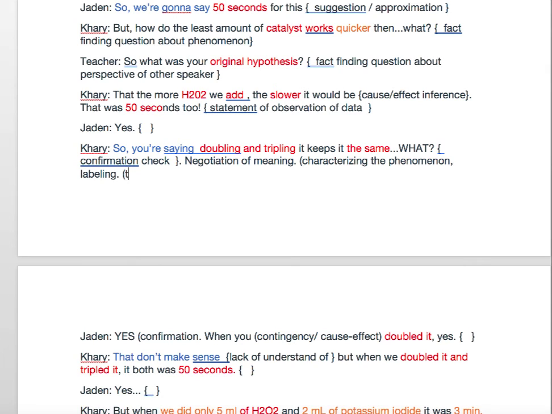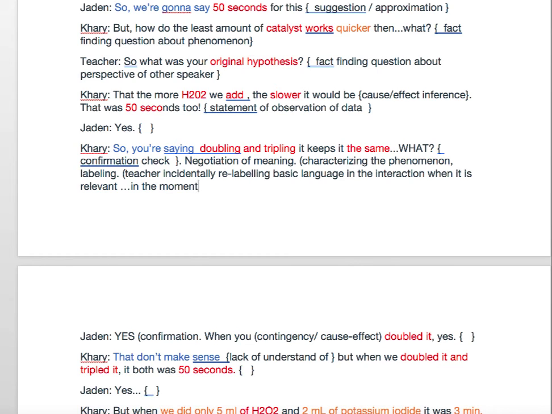Okay, so the teacher might have a way of coming in and incidentally relabeling basic language in the interaction when it is relevant, i.e. in the moment. Okay, so you have to be opportunistic for this.